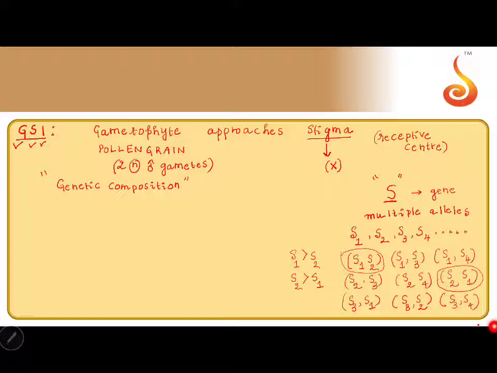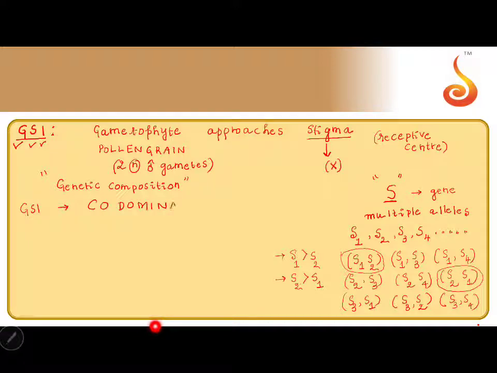So if I consider dominance where one allele expresses over the other, then these two combinations are possible. This is my point. But gametophytic self-incompatibility operates on the basis of codominance.